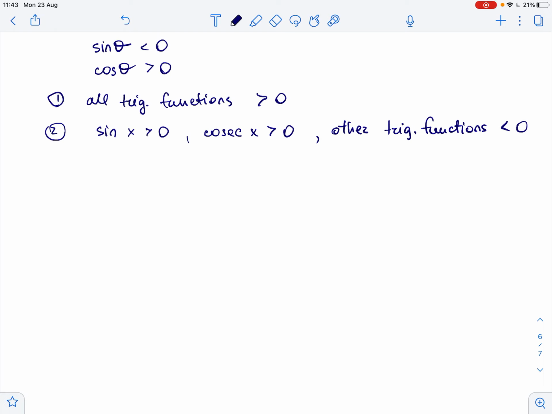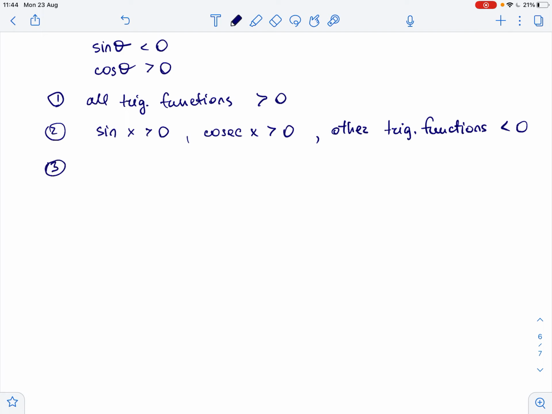Again, this is not our case, because here sine of x is positive and we know that sine of theta is negative, and also here cosine of x is negative. In our case, cosine of theta is positive. So theta is not in the second quadrant as well.